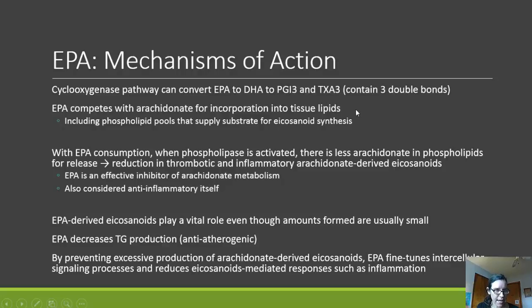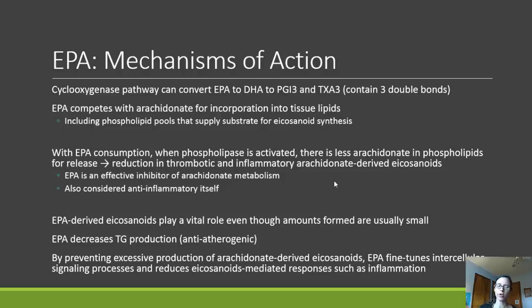We also know that EPA competes with arachidonate for incorporation into the tissue lipids. And when we have more EPA incorporated, we're going to have less production of eicosanoids from arachidonate.